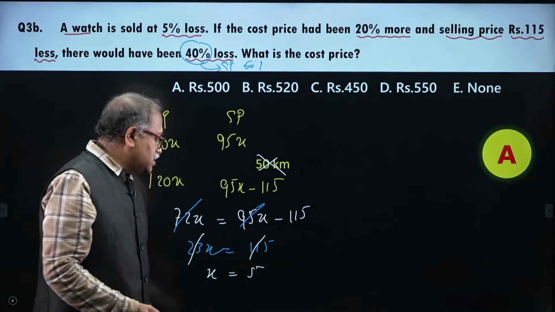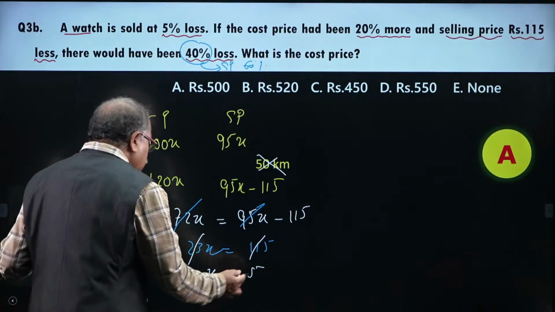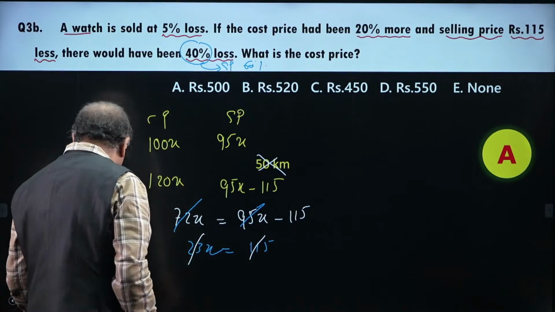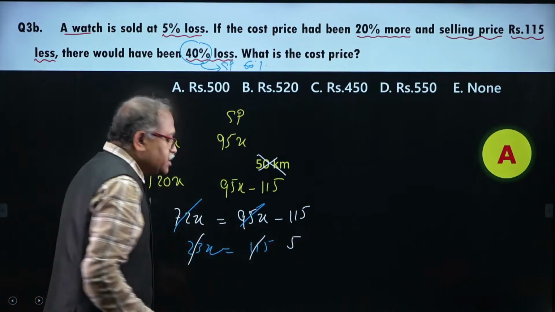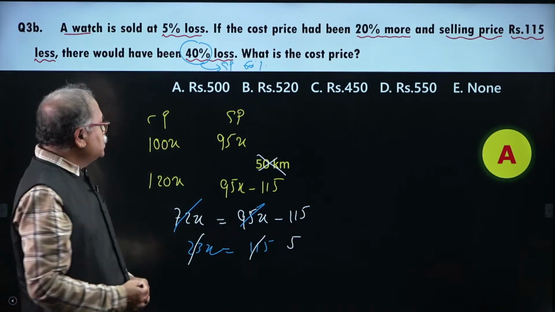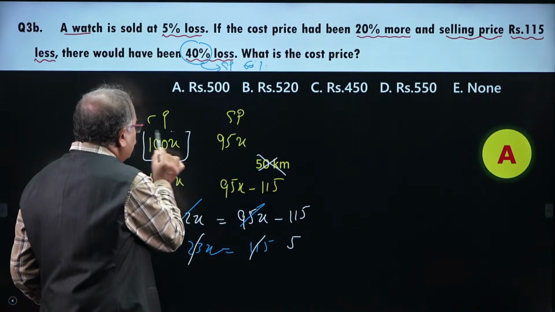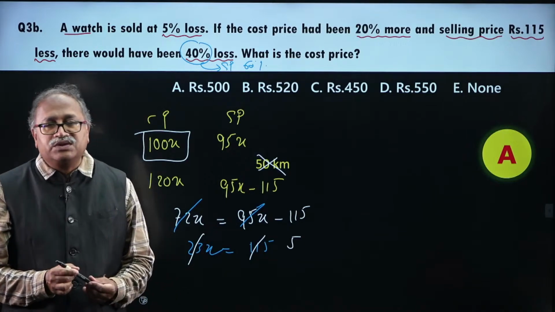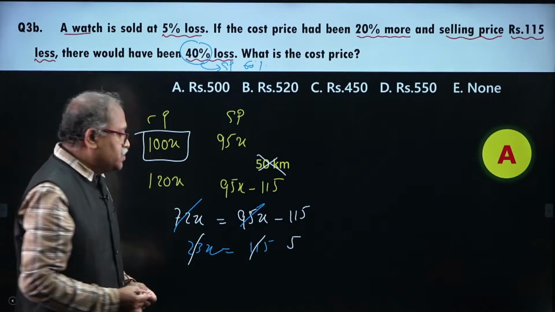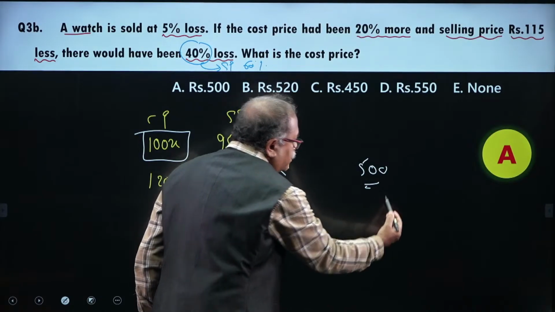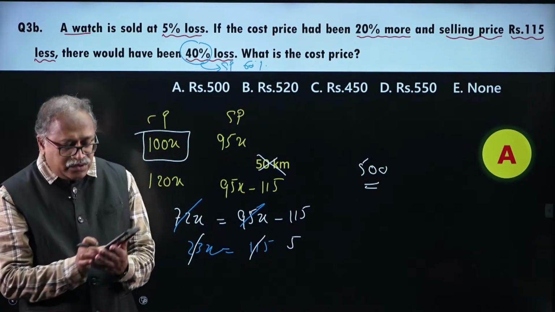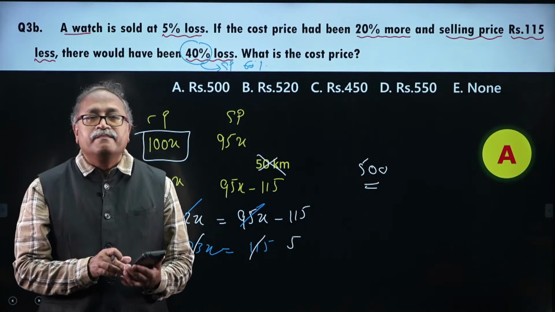I can clearly see that it is going 5 times, so why write it again? Simply write down 5 over here. So, x is equal to 5. Once x is equal to 5, I need to find the original cost price, which is 100x, that is 500. Finally, my answer here is 500, and Caroline, you have rightly answered the question.